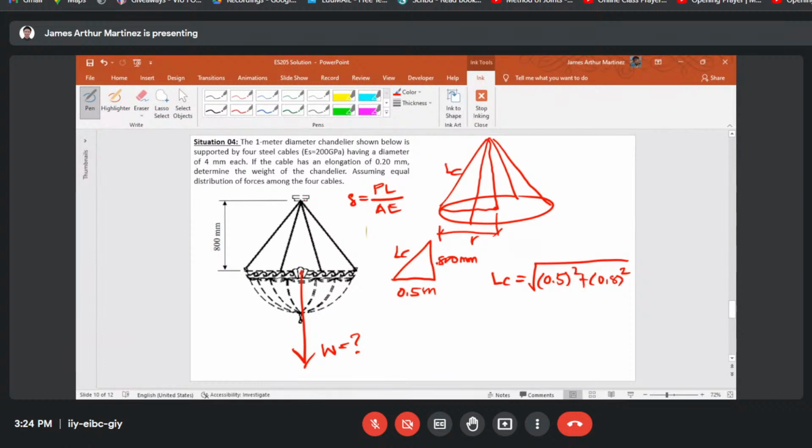I will convert it into meters so that our units are compatible, so the resulting unit for the length of the cable is in meters. So, square root of 0.5 squared plus 0.8 squared. LC is 0.943 meters.